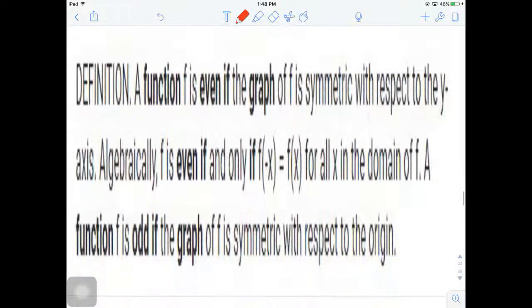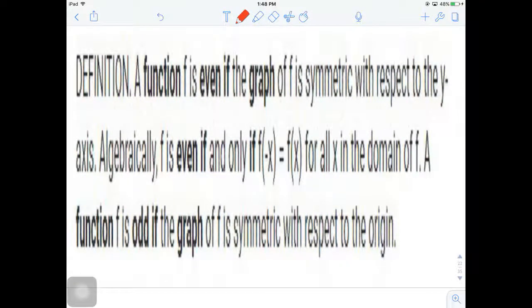And so we have a definition here to help clarify. A function is even if the graph is symmetrical with respect to the y-axis. So it's even if it's symmetrical, like, you have the same values here. So this would be an example of an even function.